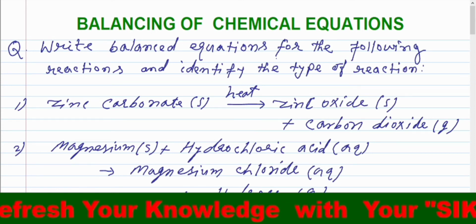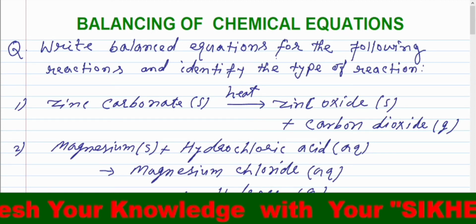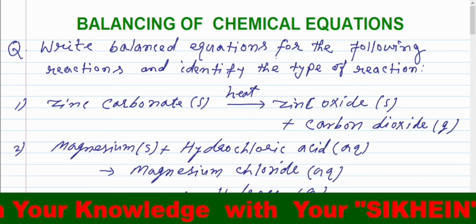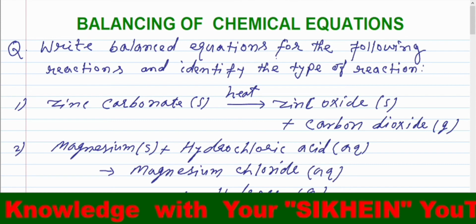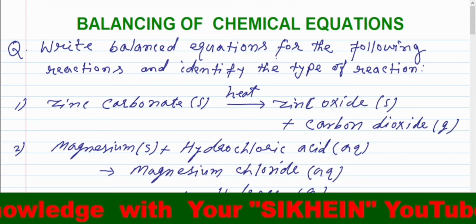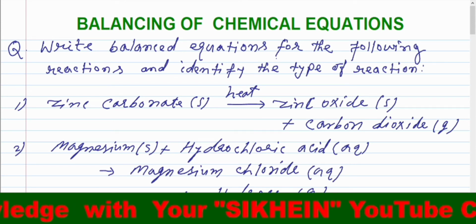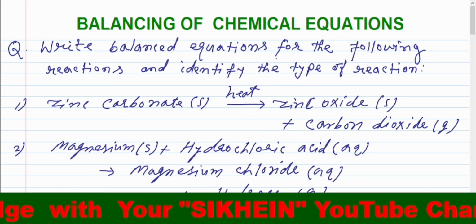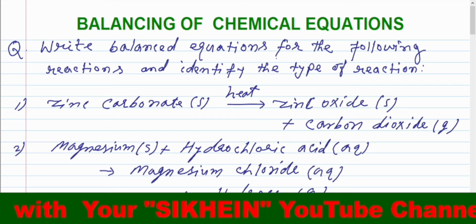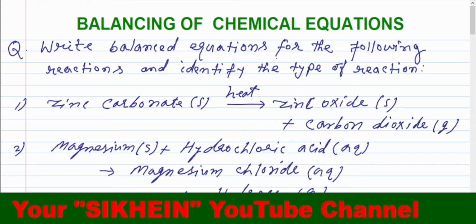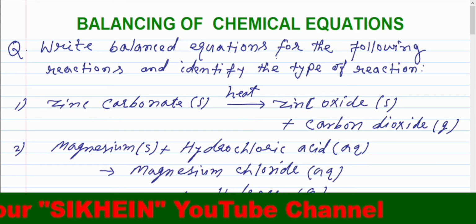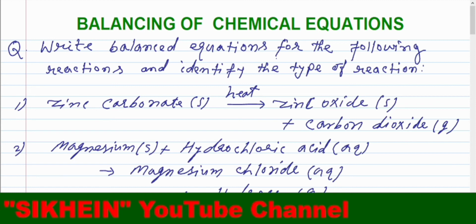When a chemical reaction takes place, it also follows the law of conservation of mass. That means the total mass of the elements present in the reactants is equal to the total mass of elements present in the products of a chemical reaction.